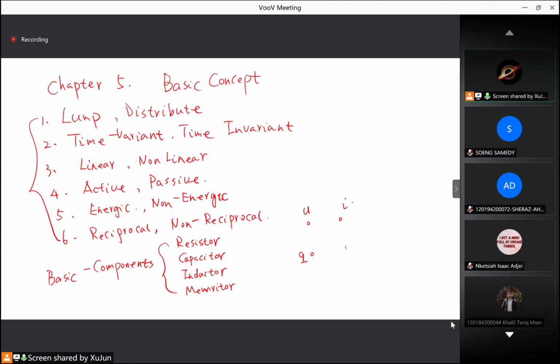Q means charge. Psi means the magnetic flux linkage. If the u-i relation is defined, it is a resistor. If the u-q relation, we define the capacitor. The psi-i relation we define as an inductor, and the q and psi relation we define as a memristor.